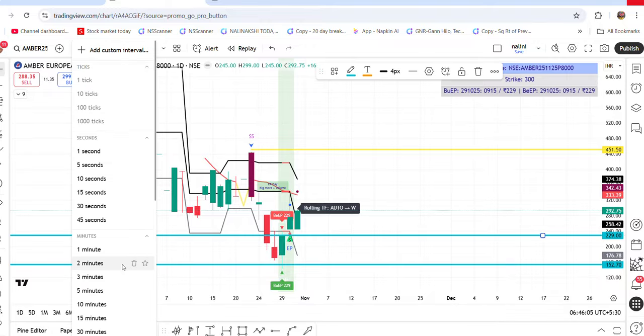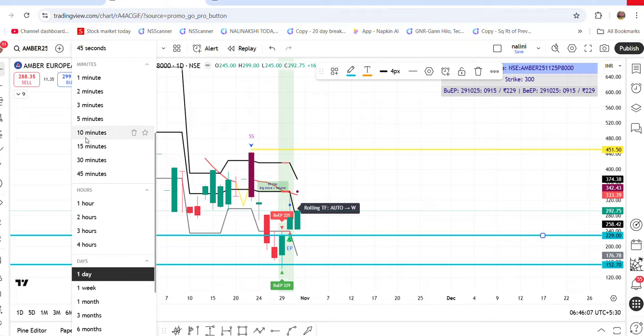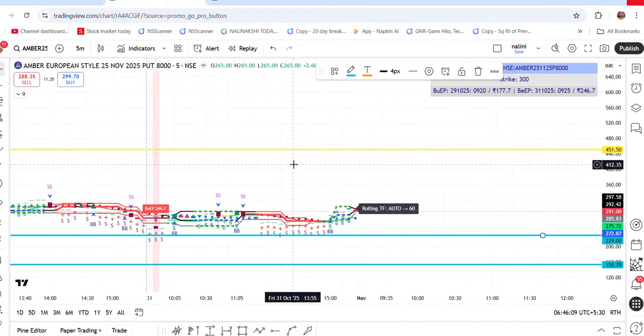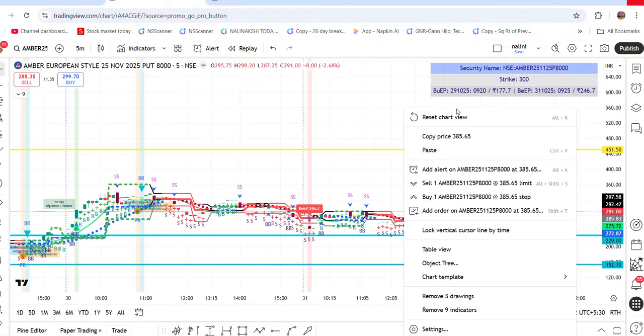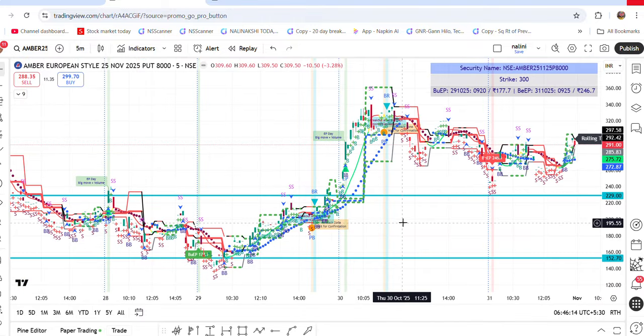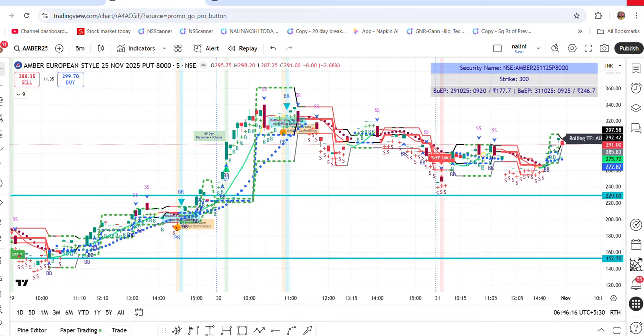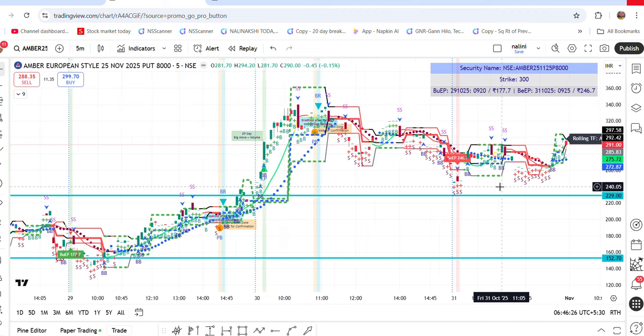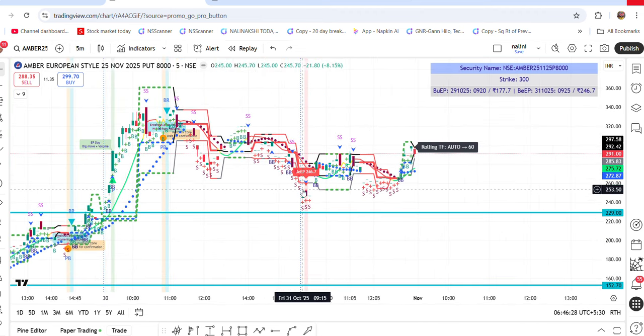Let me go to the 5 minutes chart. Even though the price moved up on 30th to 337, it has come down. This will act as the support. This is the retracement, it will act as the support.